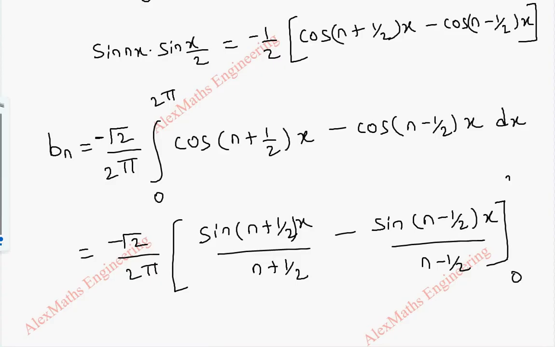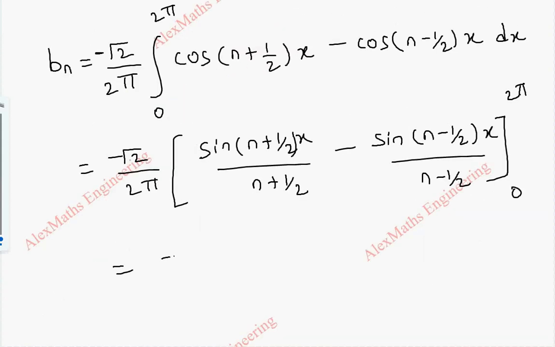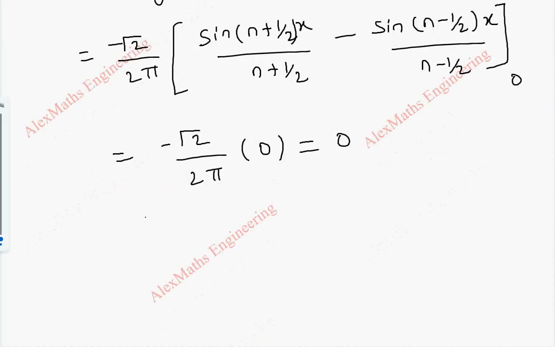We have limit from 0 to 2 pi. When I put 2 pi for sine, it will become 0, and when I put 0 for sine, it will become 0. So after applying the limit, totally this term becomes 0. So Bn is 0.